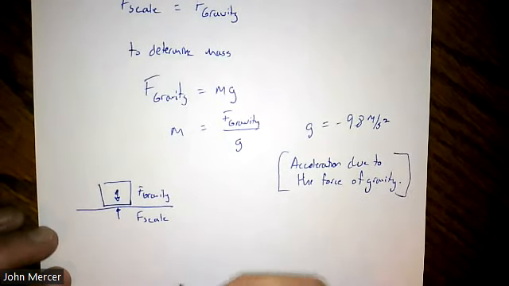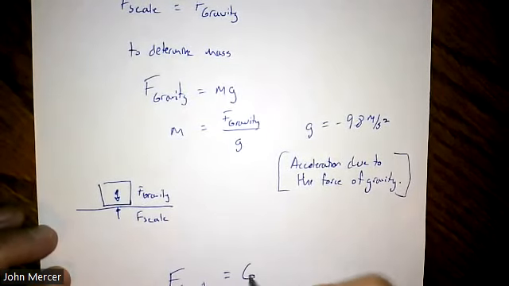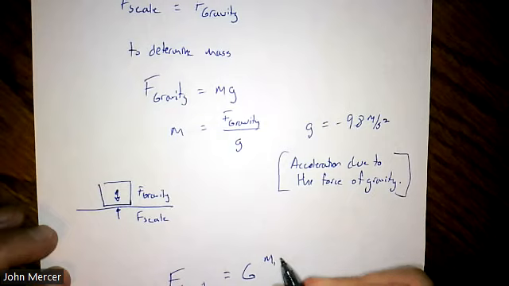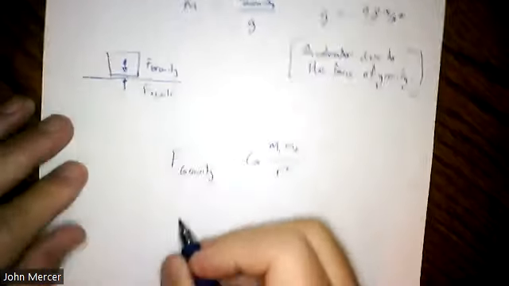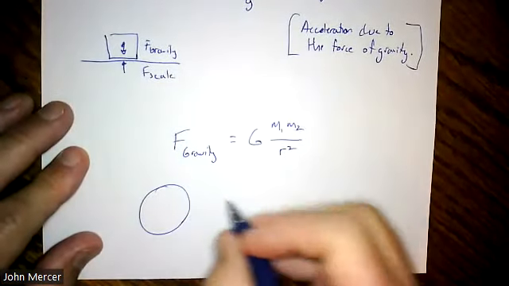And that's because we go back to our original equation for gravity, and that's some constant, a gravitational constant. The force of gravity is equal to a constant times the product of two masses divided by how far apart those masses are from each other. Again, it looks something like this.